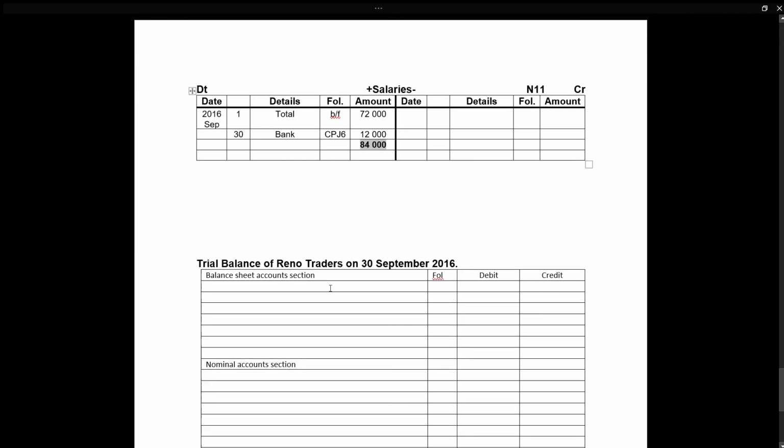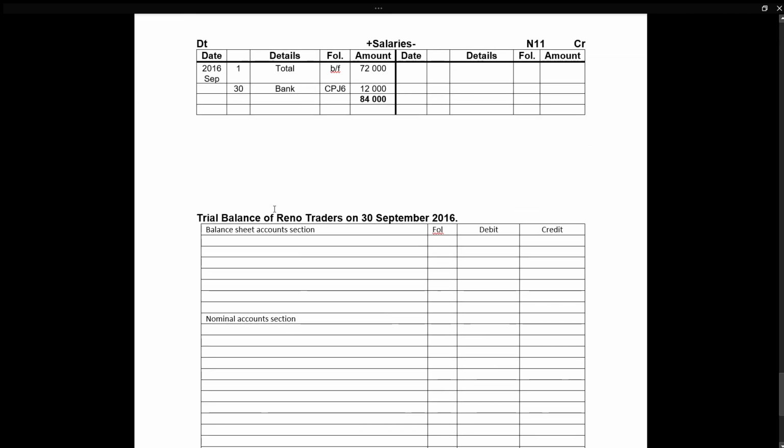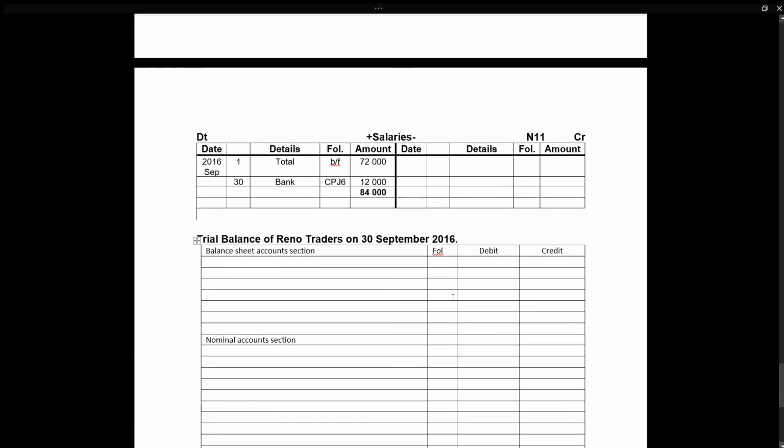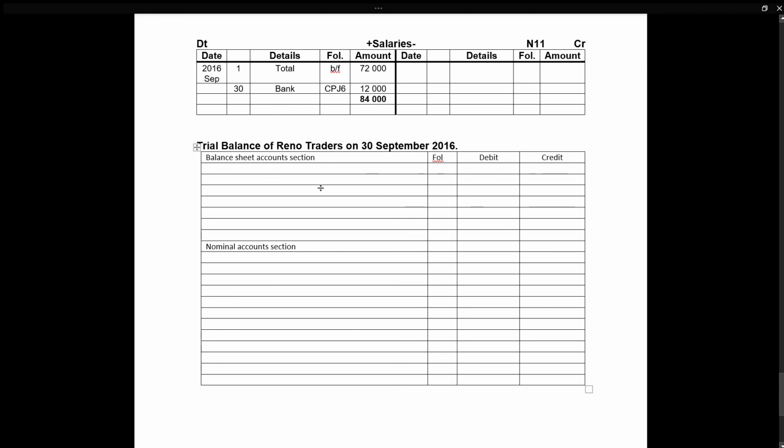Right, so next we need to fill in the trial balance, and that's basically copying information from my general ledger. First account that we are going to do is capital, and capital's folio is B1. I'm just going to make the headings bold so it is easy to distinguish.